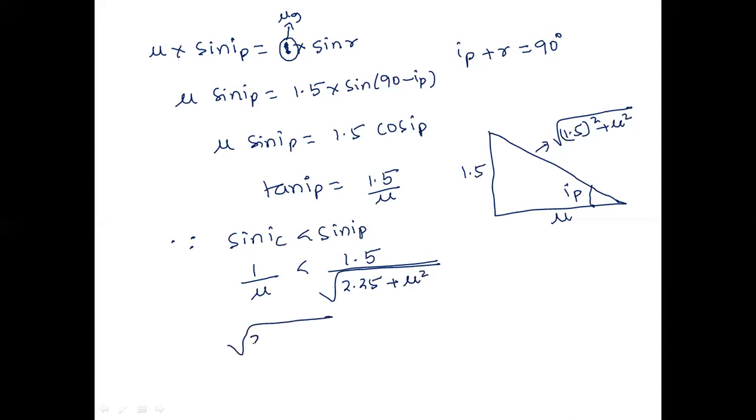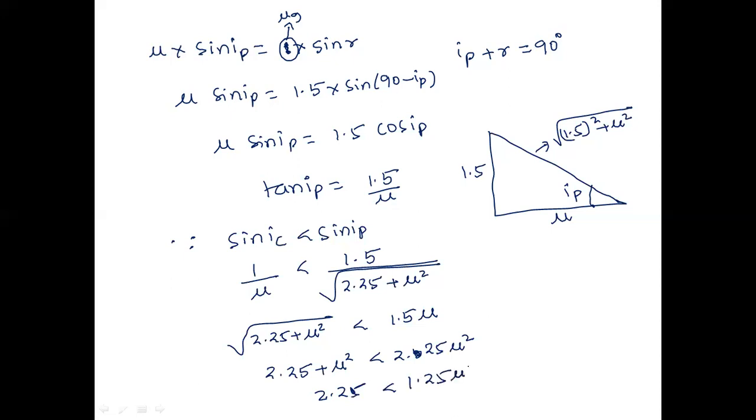So under root 2.25 plus mu square is less than 1.5 mu. Squaring on both sides, we will get 2.25 plus mu square is less than 2.25 mu square. So 2.25 is less than 1.25 mu square.